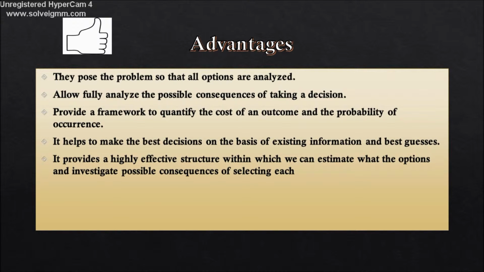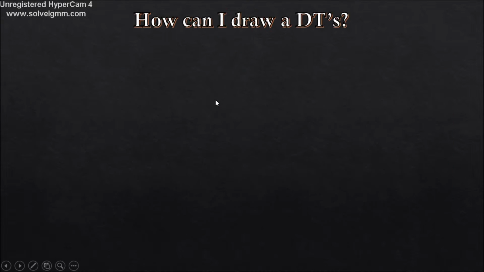It helps to make the best decisions on the basis of existing information and the best guesses. It provides a highly effective structure within which we can estimate the options and investigate the possible consequences of selecting each.